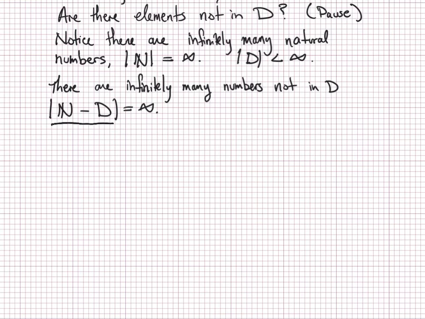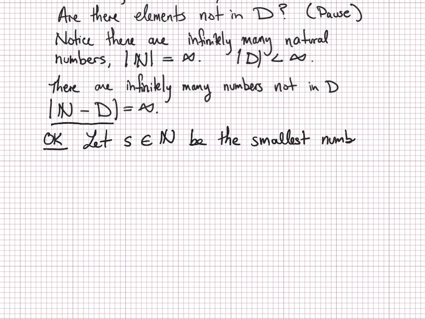Okay, so what happens now? Take a breath. Whew. Okay, let S in the natural numbers be the smallest number that isn't in D. Okay, so this is pretty easy to see that there has to be a smallest number.